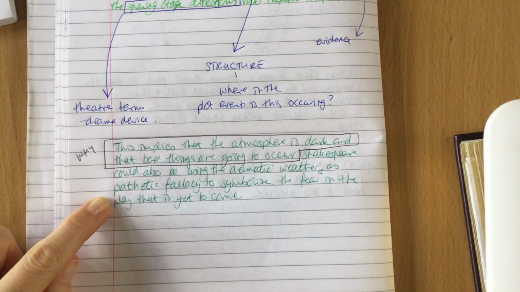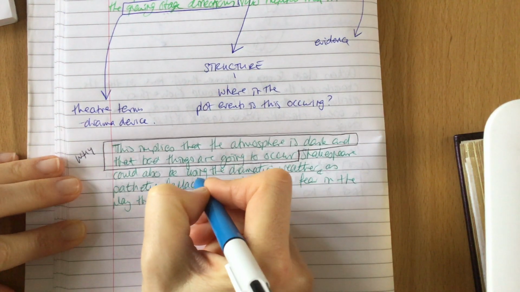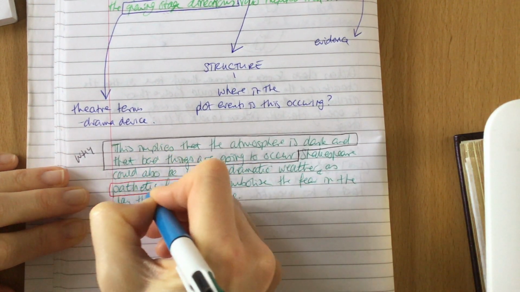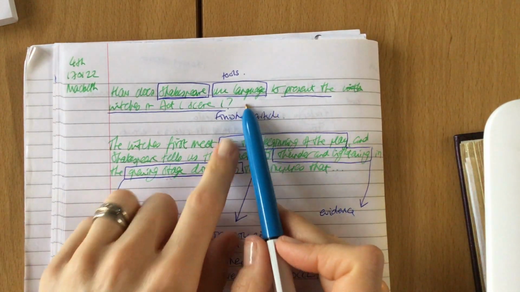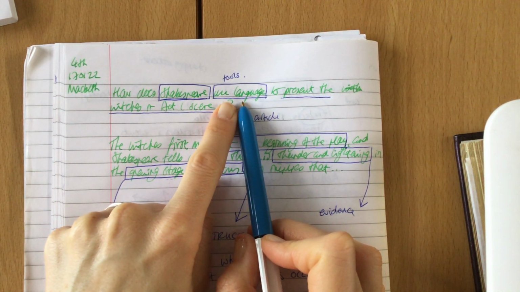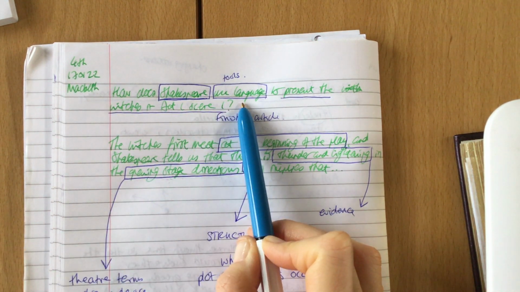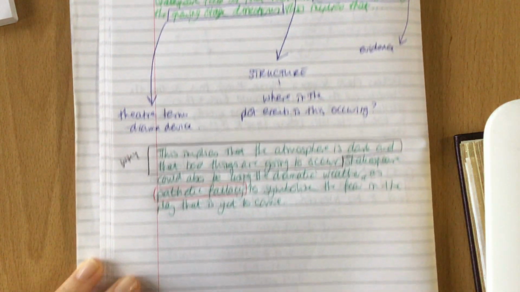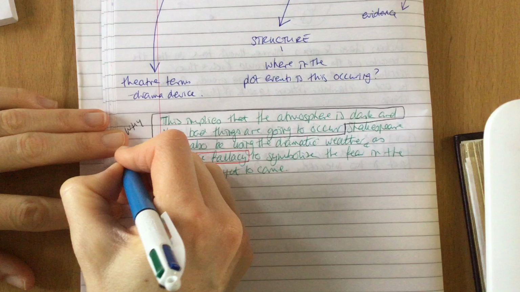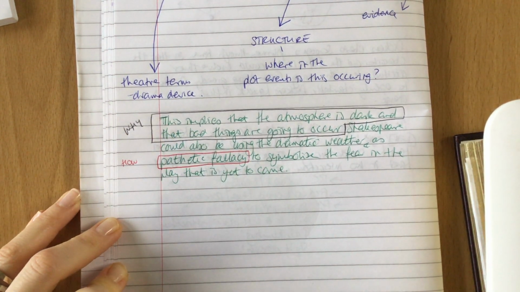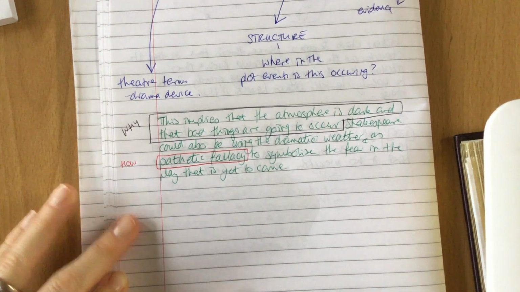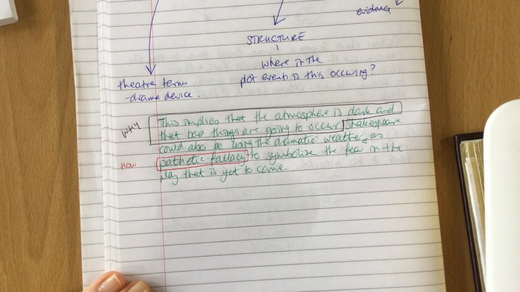Now I'm going to put that in red because that is awesome. Okay. So pathetic fallacy is a term which brings us to the tool he's using. Yeah. So this is an additional how. We've got stage directions already. We've now got pathetic fallacy. What do you understand about pathetic fallacy?